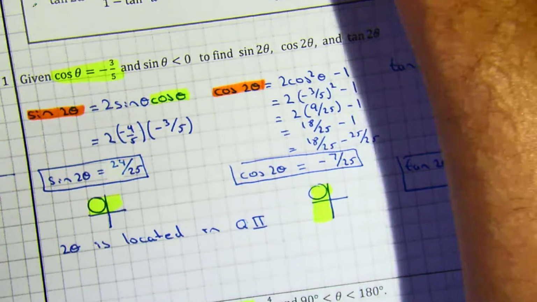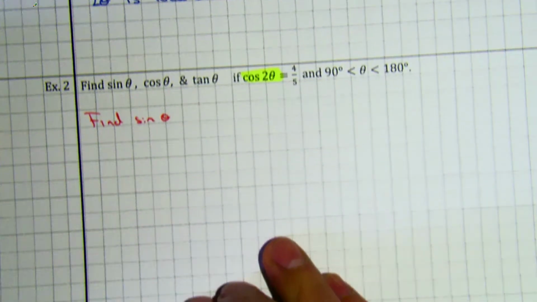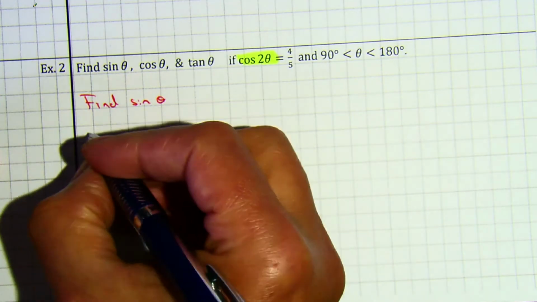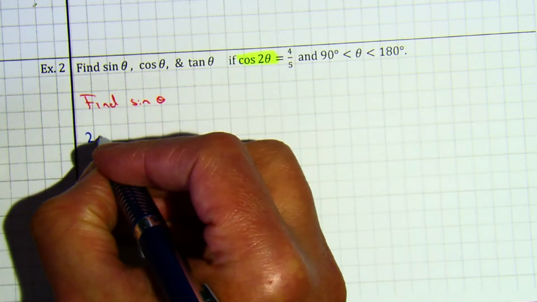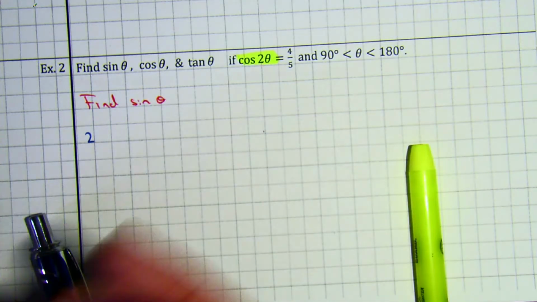So to find sine of theta, I'm going to use the third formula, which is for the cosine of 2 theta.